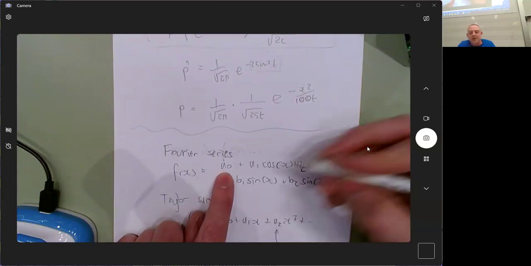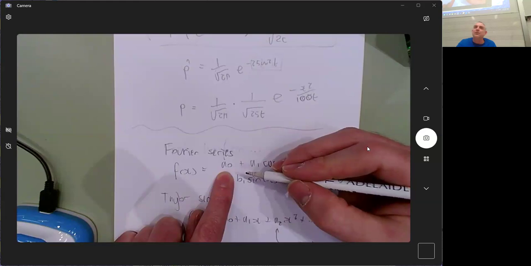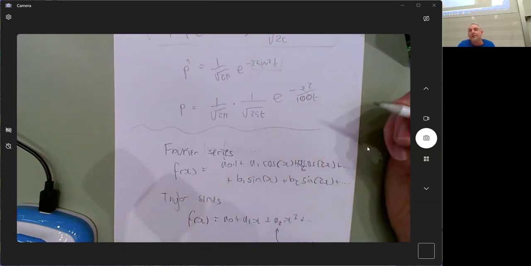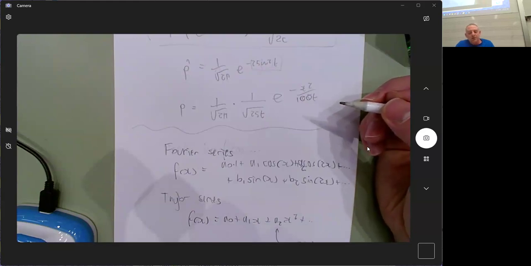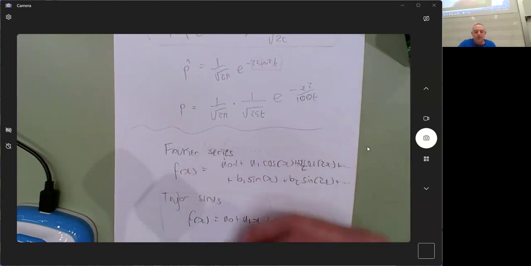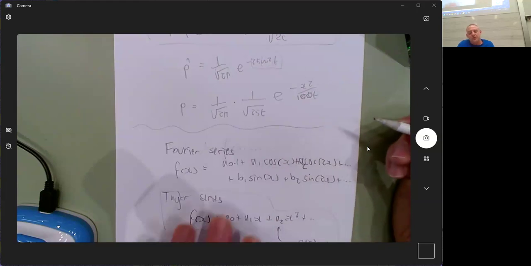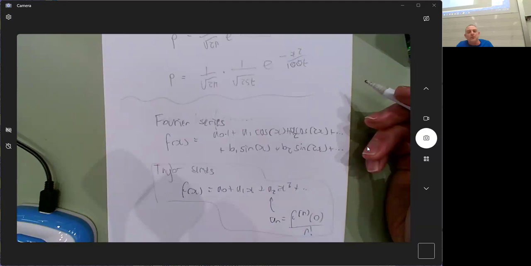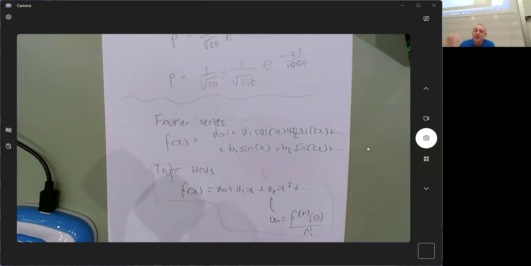This a0 is technically cos of 0x, because cos of 0 is 1, so a0 times 1. The derivatives of sine and cos aren't helpful, because they just turn them into other coses and sines.